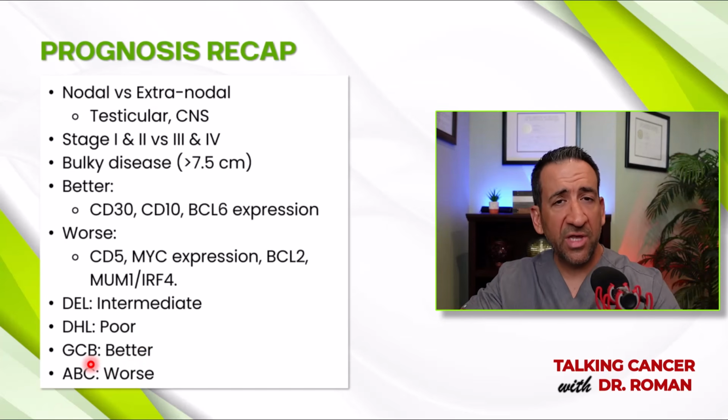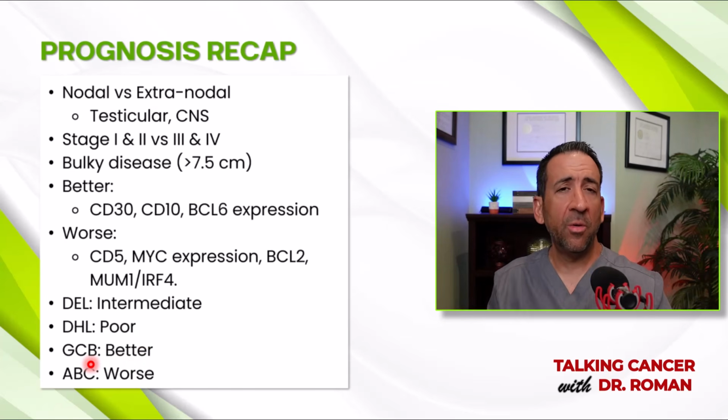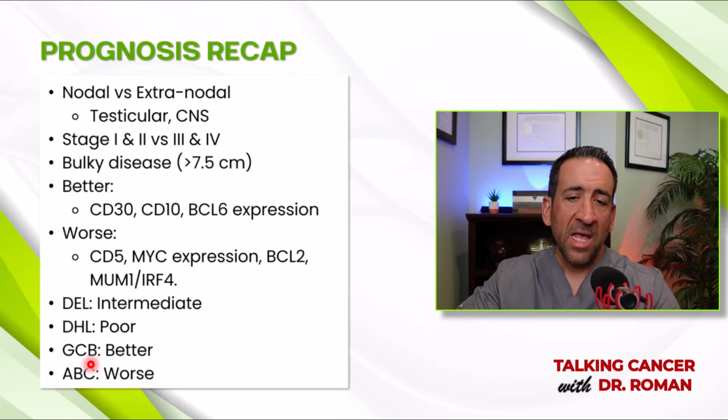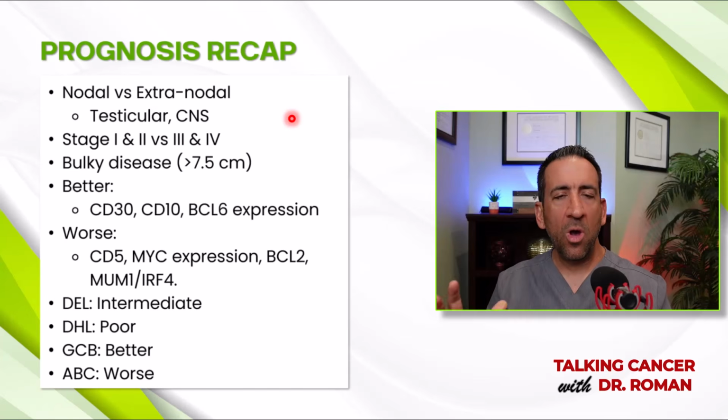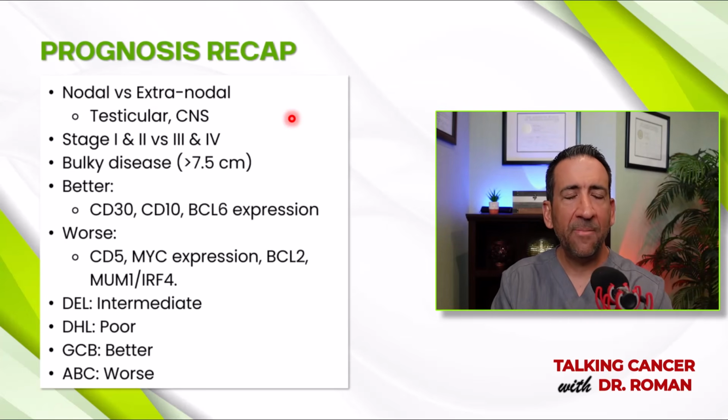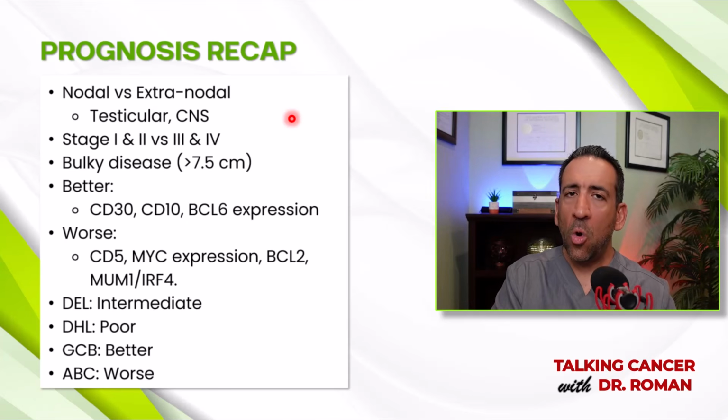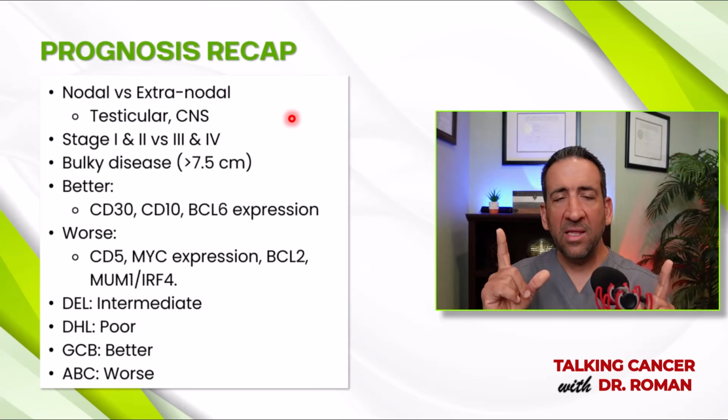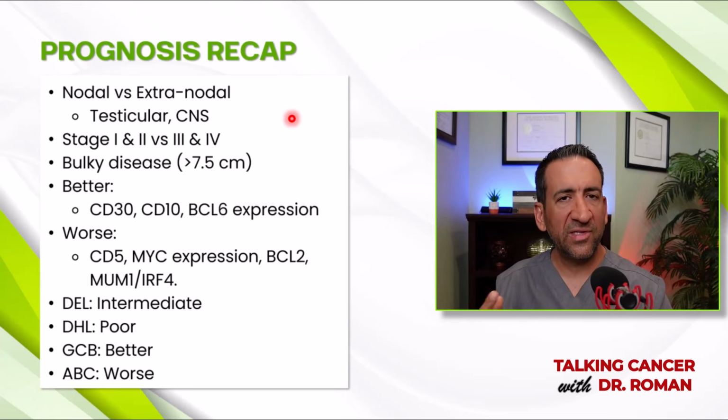Are they germinal center versus a non-germinal center? So again, you put all these together and you obtain somewhat of a clear picture as to what you think is going to happen. Is this person going to have a good chance at being cured, or do we think that they are not going to do as well? And keeping that in mind, maybe we will be more aggressive in treating this patient.